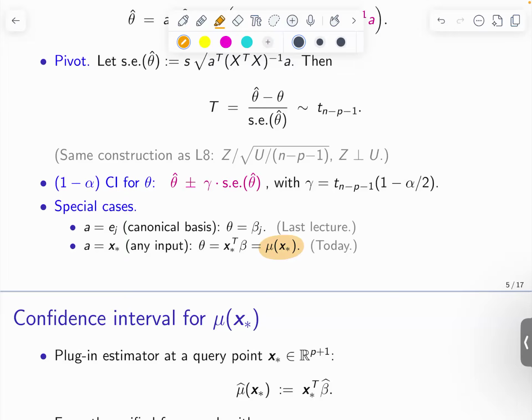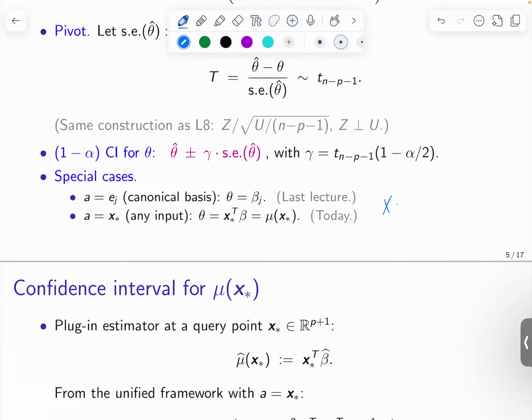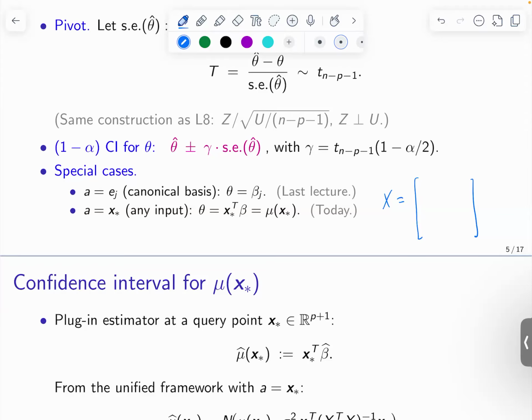So what is this x star? It's just a notation. Let me remind you what the setup is. We have the design matrix, which we usually view column-wise in terms of variables, but it's really row-wise, just individual observations. So you get y, x_i1 up to x_ip. These are all the variables for a single sample.